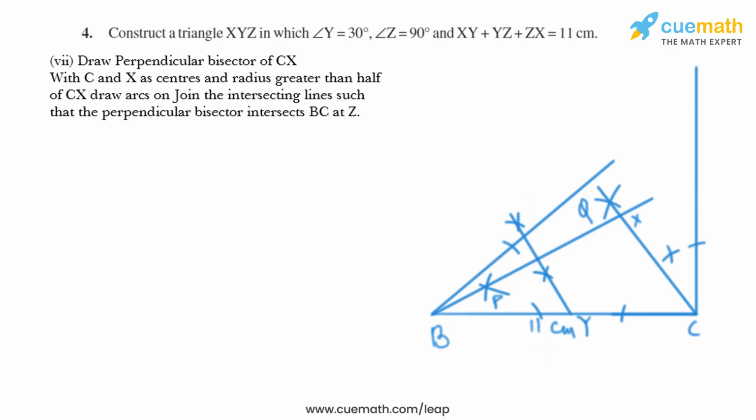Again we'll draw an arc like this from point C using the same radius, and we'll draw another arc from point X like this that intersects this arc.